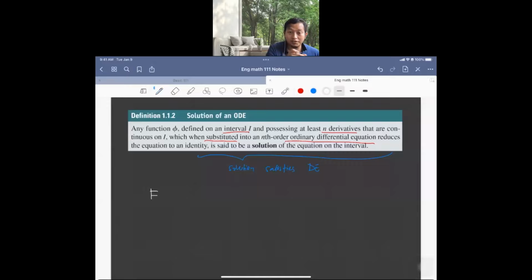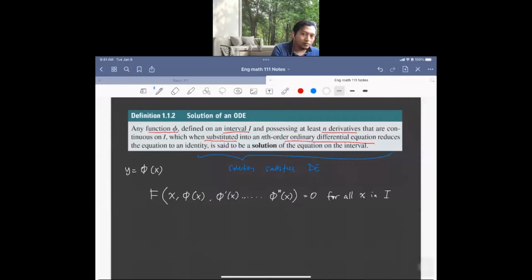So if we have the general form with x, and we take y as a function, say psi, then we can write this as psi of x, psi prime of x, and then psi's nth derivative of x, equals 0 for all x in some interval.